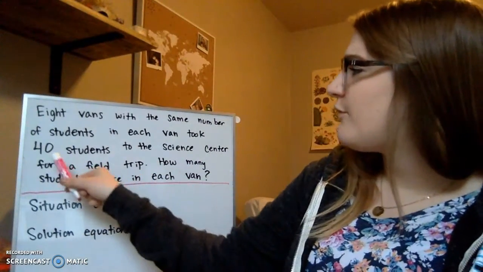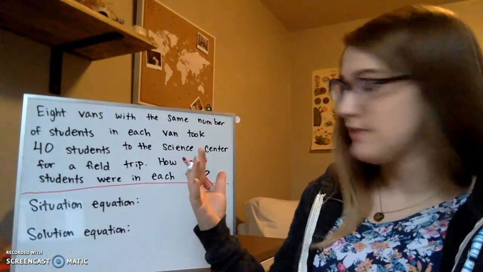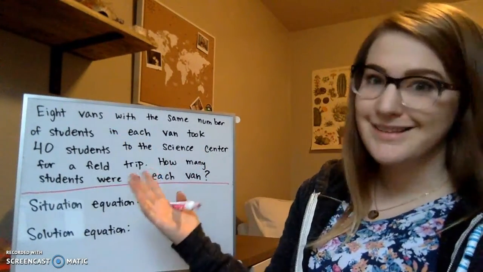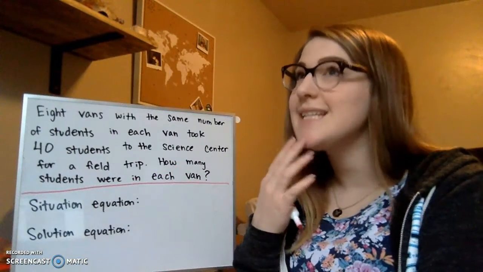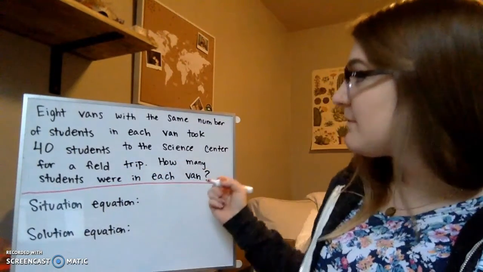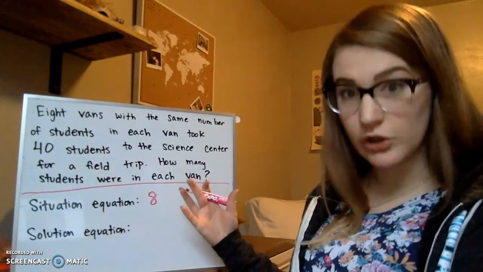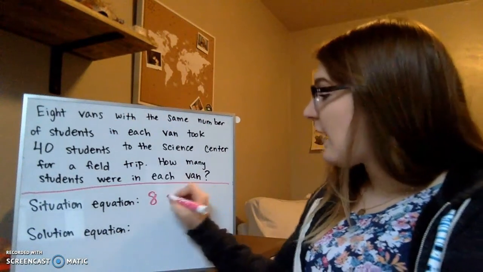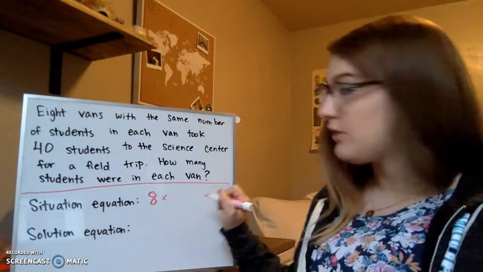So if there are 40 students going to the Science Center on these vans, and there are 8 of those vans, I can write an equation that looks something like this. I have 8 groups, those are my vans. I want to know how many are in each group, so I'm going to put a variable here.